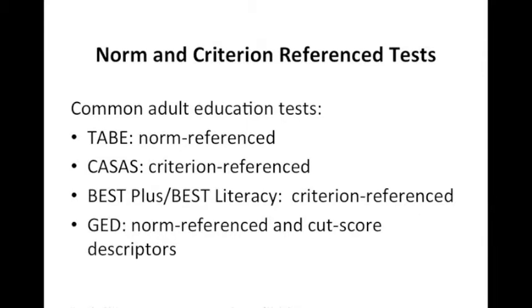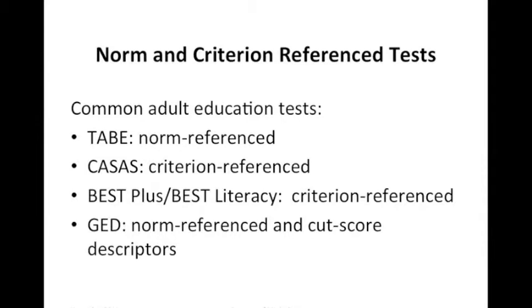The old GED used to be only norm referenced, but the new GED will also be norm referenced, but in addition, it's going to be aligned with the Common Core standards that are being used across the nation in K-12. And if you are not familiar with those, I also have some information about those in the bibliography for you.